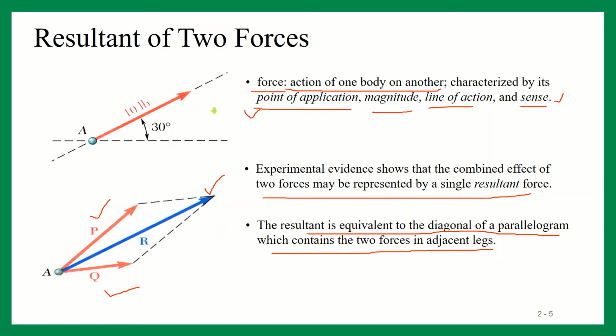The resultant is equivalent to the diagonal of a parallelogram which contains the two forces as adjacent sides. We have already discussed this in the previous class: suppose these are the two forces P and Q. If you draw these forces as two sides of a parallelogram, then the resultant will be represented by the diagonal of this parallelogram.